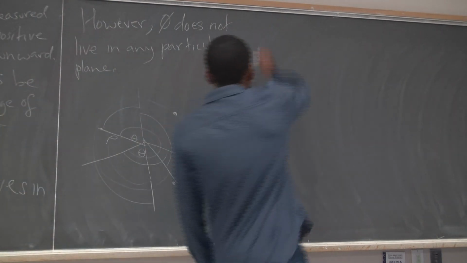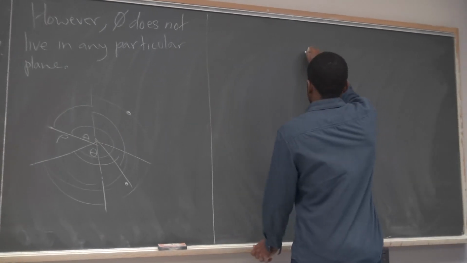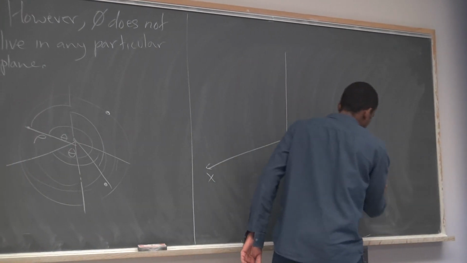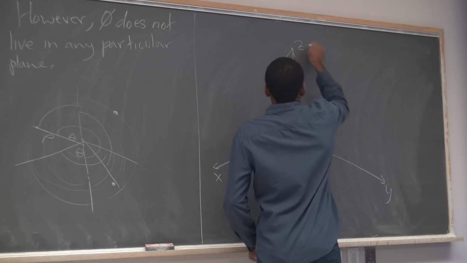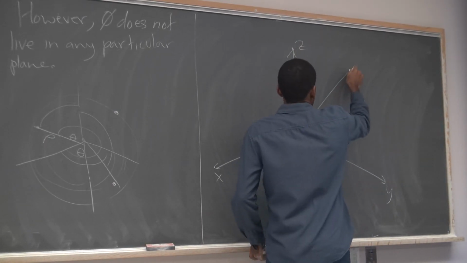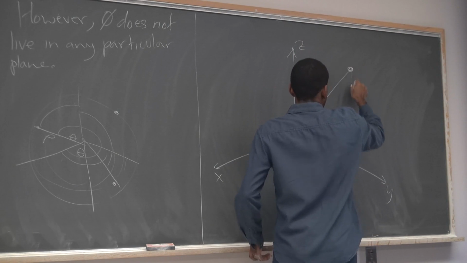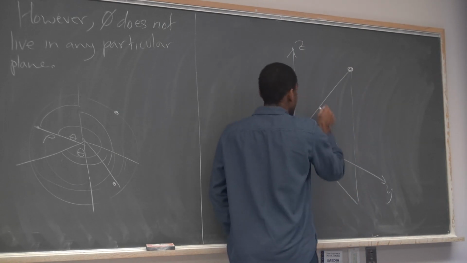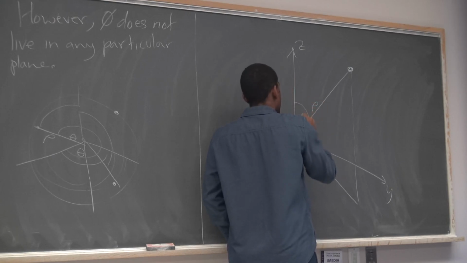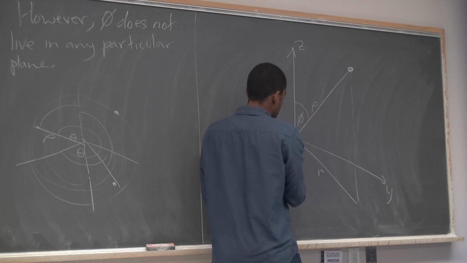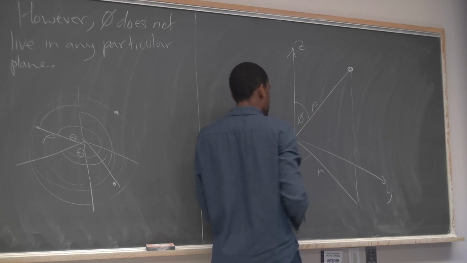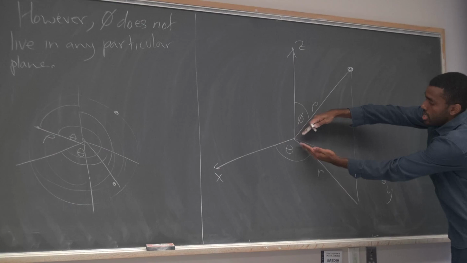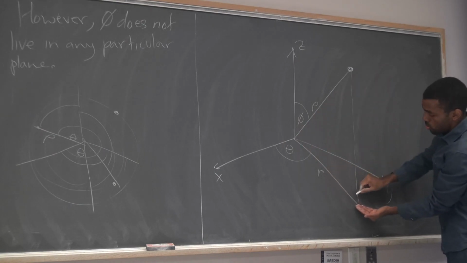Let me continue over here. So here's the point. This here is your rho. This is your phi. This is your theta. Notice that together, these lines here will span a plane.